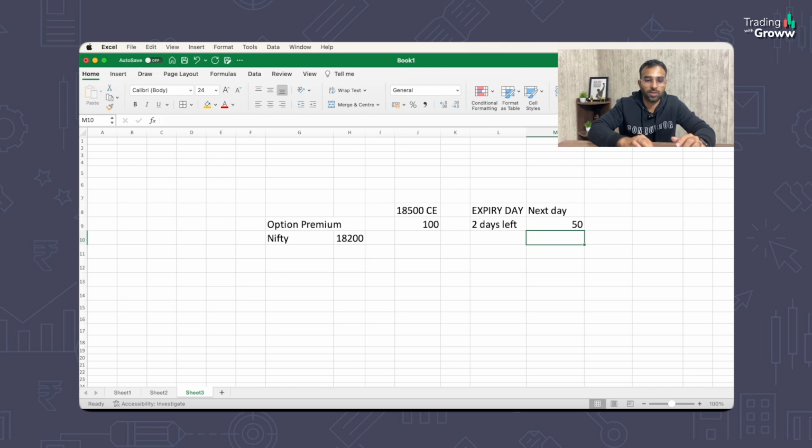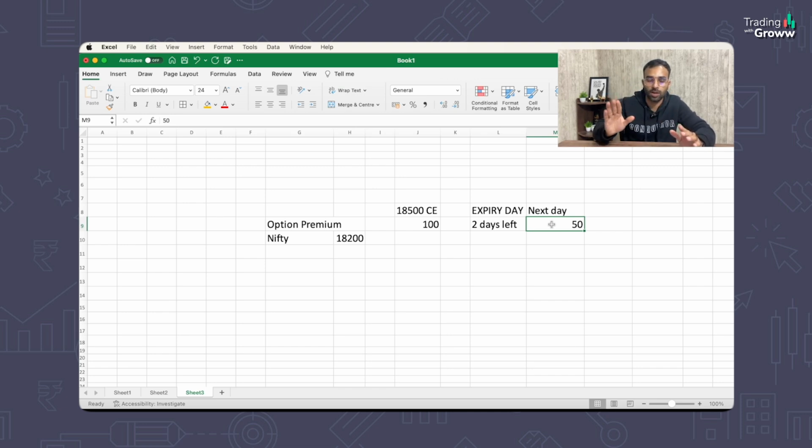Similarly, instead of 30 days, suppose I am buying just before the expiry day, so there are just 2 days left. I am buying the same OTM option at around 100 rupees, and 1 day is gone, and there was no movement on the upside or on the downside. So only 1 more day is left for option expiry. The next day is the option expiry, which means that 50% of the overall days is gone. Out of 2 days, only 1 day is left.